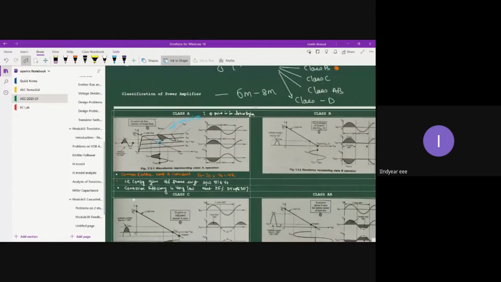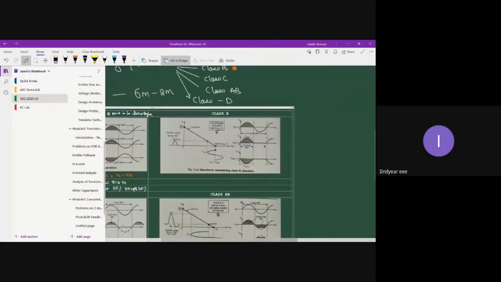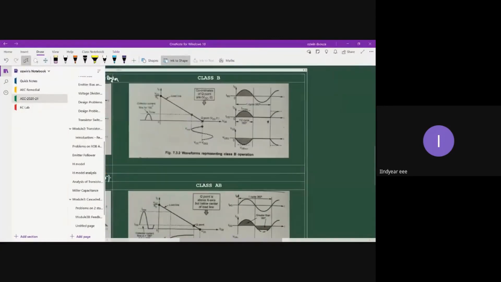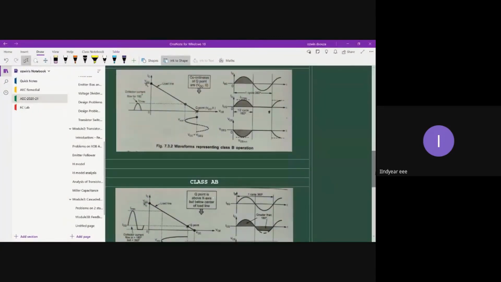in case of class B power amplifier, you will see that the Q point is placed in cutoff region. So let me write here.